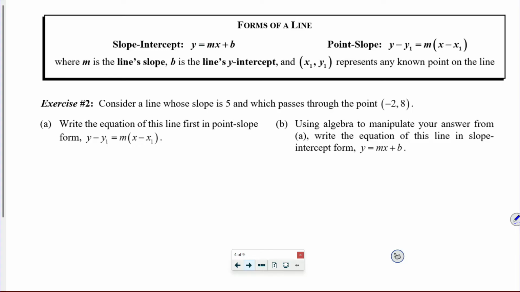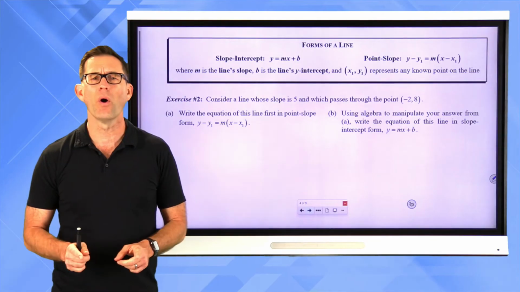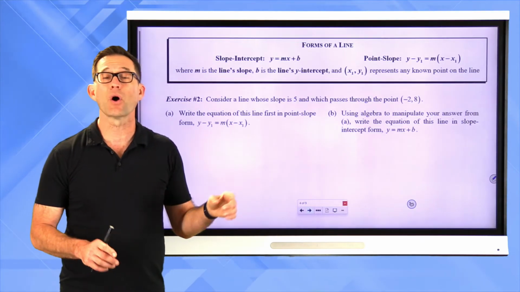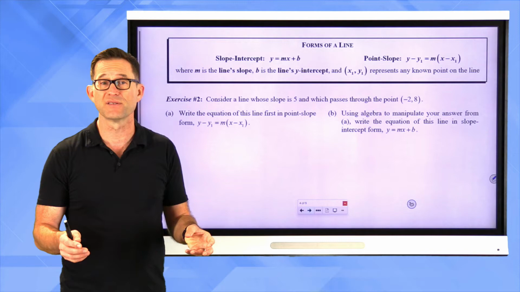Consider a line whose slope is 5 and which passes through the point -2, 8. Letter A, write the equation of this line first in point slope form, y minus y1 equals m times x minus x1. Cool. Now never forget, in the point slope, y and x are variables and they should just be left as such.